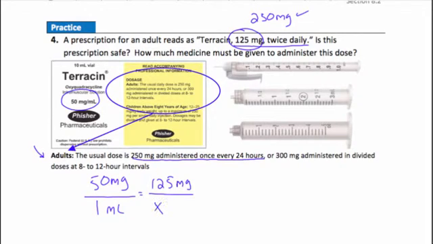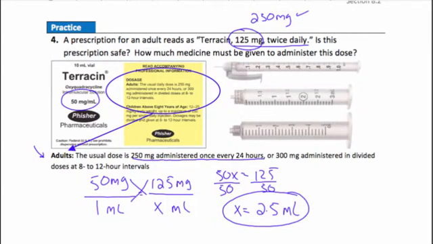And we want to know, okay, how many milliliters is that going to be? So we'll look at our diagonals here. On one side, I'm going to have 50x. On the other side, I'm going to have 125 times 1, which is just 125. Divide both sides by 50. And 125 divided by 50 gives us 2.5 milliliters of actual medicine to administer.